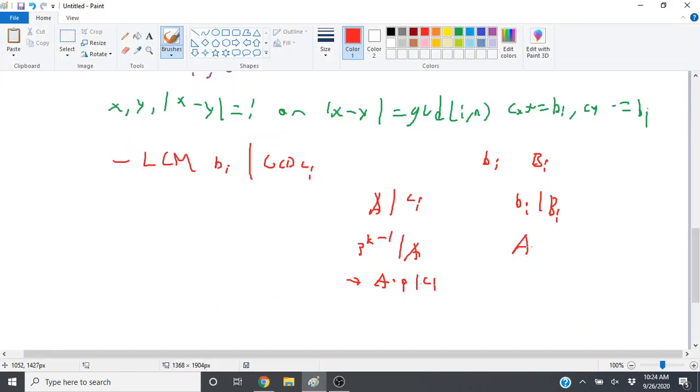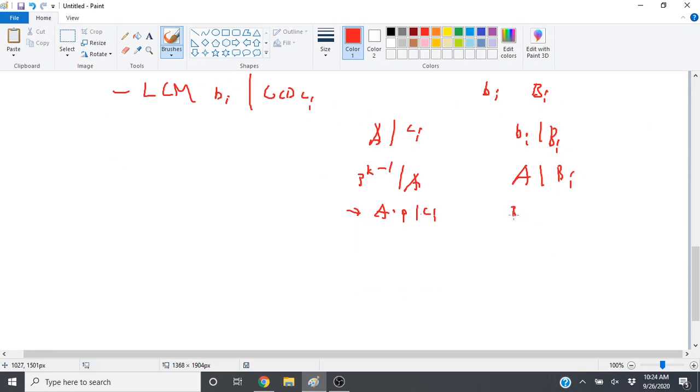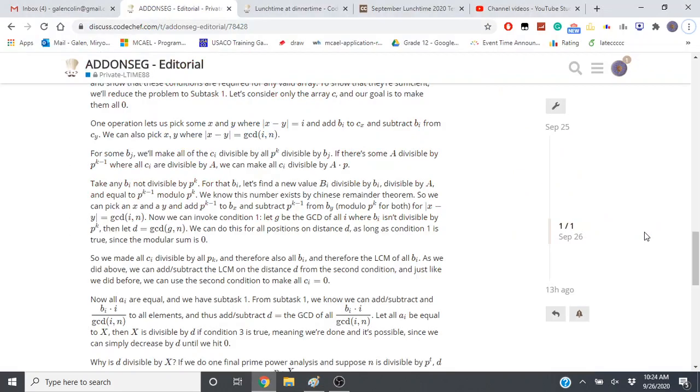It's also divisible by a, and bi mod p to the k is equal to p to the k minus 1. We can use the Chinese remainder theorem or something similar to show that this value of bi always exists.